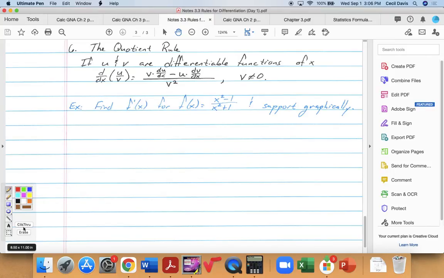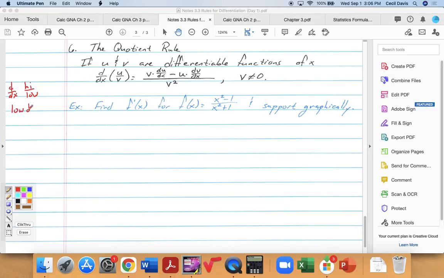And there are all kinds of little mnemonic devices. You don't need to write this down, but some people will write it as high over low, and then it's low d high minus high d low. Yeah, people will remember it this way.